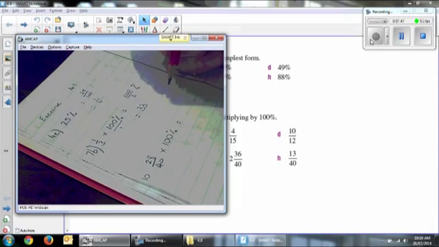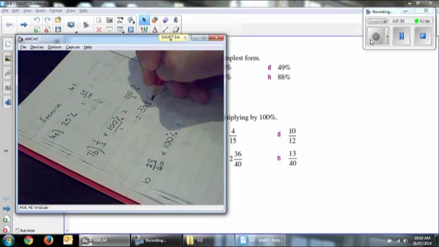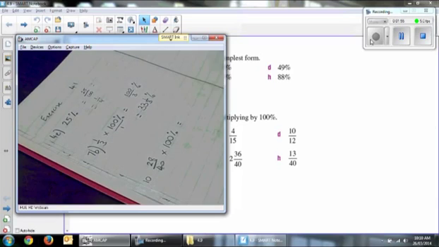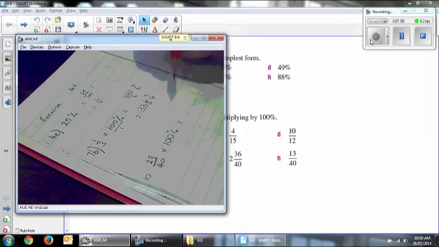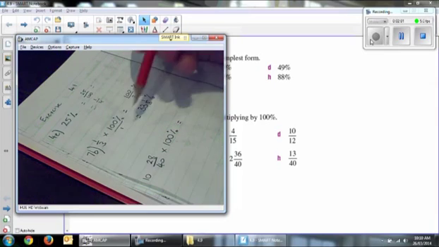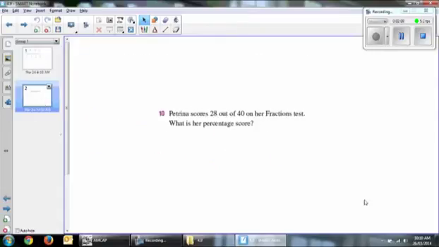It doesn't go in equally. There is 1/3 left over, and obviously that is percentage. So 1/3 as a percentage is 33 1/3%, and we just do that by multiplying. Pretty straightforward stuff. Turning fractions into percentages.